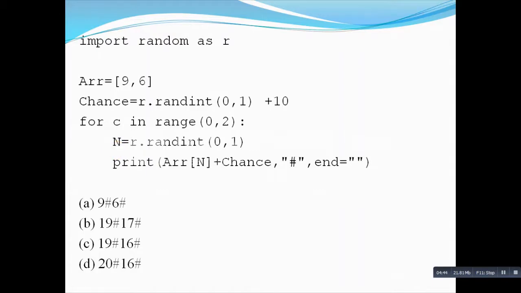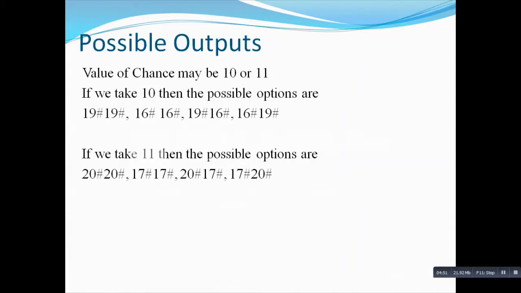It may generate 16 hash, 16 hash as well. So the possible outputs are 19 hash, 19 hash; 16 hash, 16 hash; 19 hash, 16 hash; or 16 hash, 19 hash. So these are the possible outputs. This is the first case we have taken.